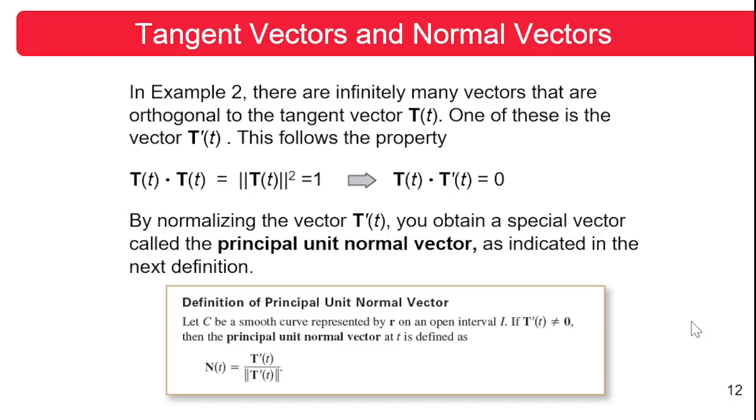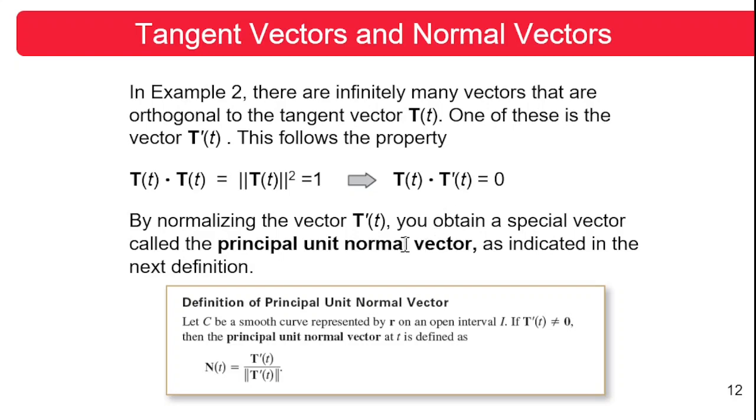And from there, it follows the property that when you take the dot product of the tangent vector T(t) with itself, the product is equal to the square of the magnitude or length of T(t). Because T(t) is a unit vector, the square of the length is equal to 1. Also, the dot product of the tangent vector and its derivative, denoted by T'(t), is equal to 0 because T(t) and T'(t) are orthogonal to each other.